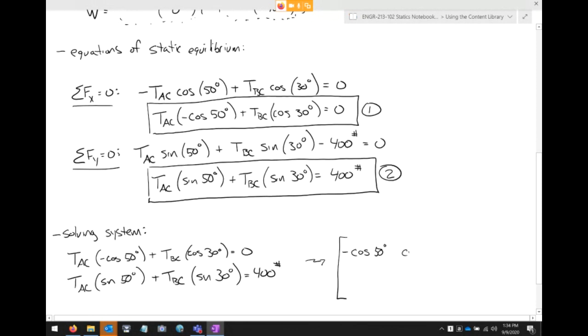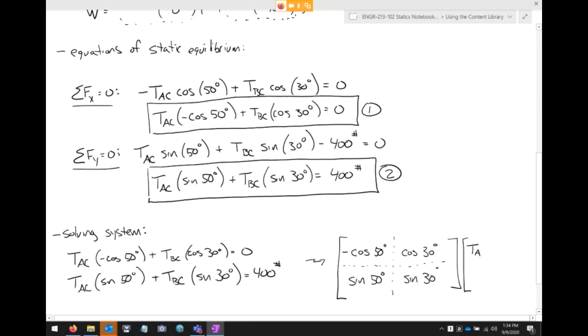And then cosine 30 degrees. And this one is sine 50 degrees. This one is sine 30 degrees. Sometimes when I do this, I'll put a little tiny dashed line here, just so I know what terms are where, and so I know where the positives and negatives go.